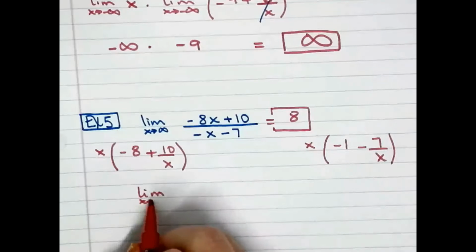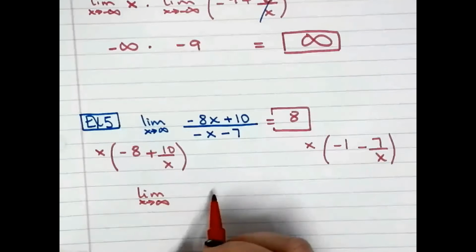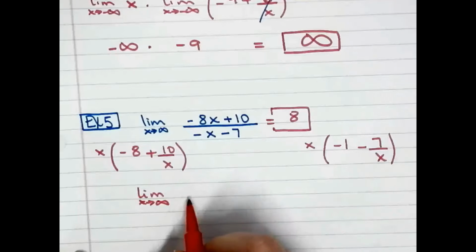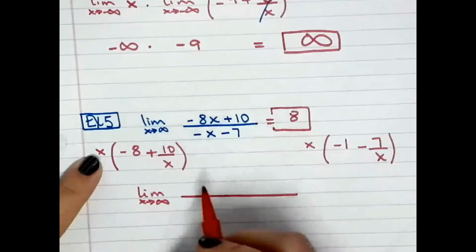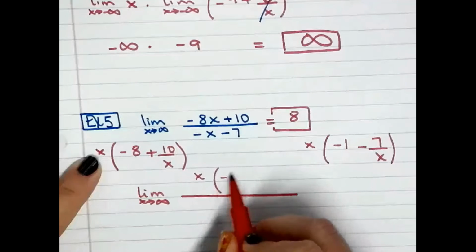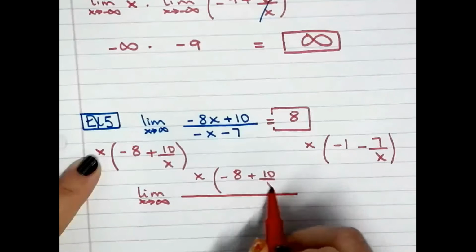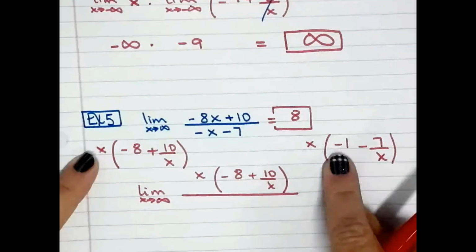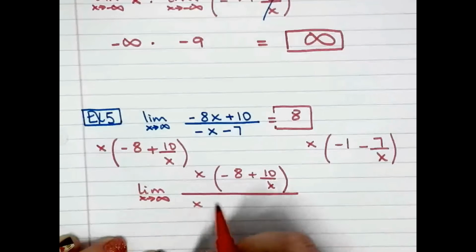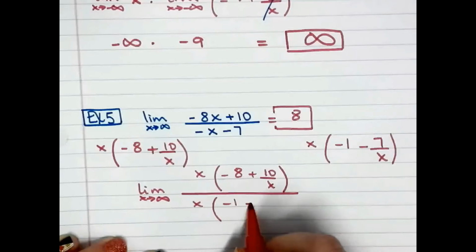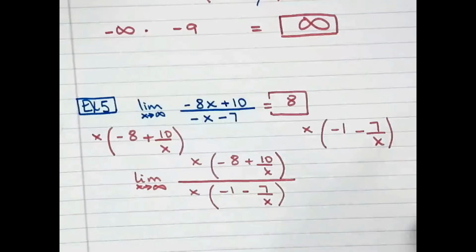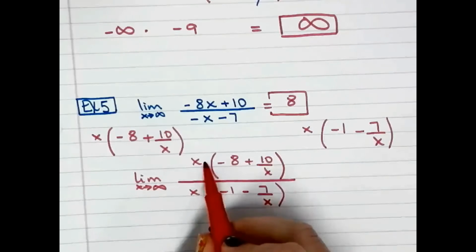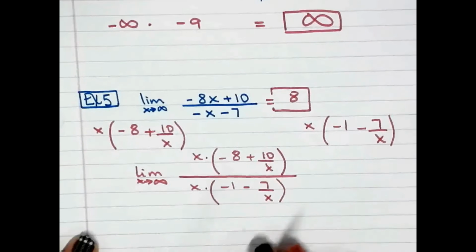So I have the limit as x approaches infinity of, right here, this one is the numerator, so x, and then this is the denominator. Okay, at this point I can go ahead and split that into 2 limits.